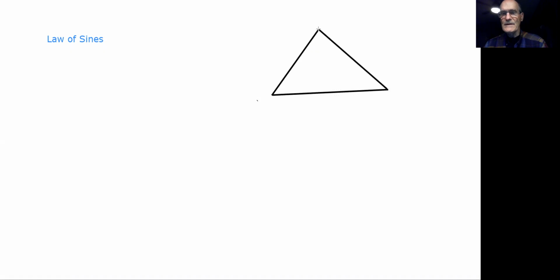If you look at the first one, it is the law of sines. The law of sines basically says, if you have a triangle, go ahead and draw a triangle over here. Let's say we have triangle A, and notice the key is this is not a right triangle.